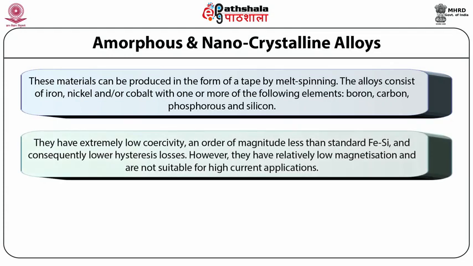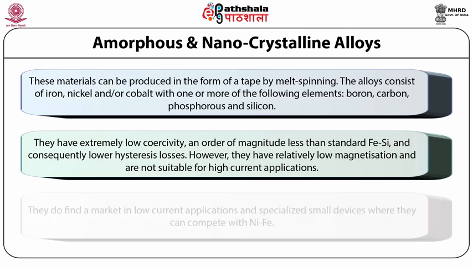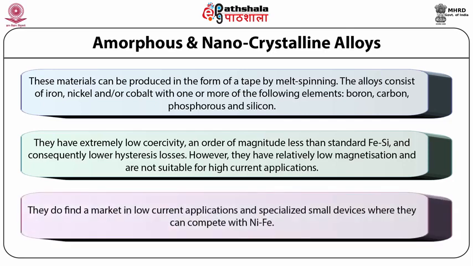They have extremely low coercivity, an order of magnitude less than standard iron silicon, and consequently lower hysteresis losses. However, they have relatively low magnetization and are not suitable for high current applications. They do find a market in low current applications and specialized small devices where they can compete with nickel iron.